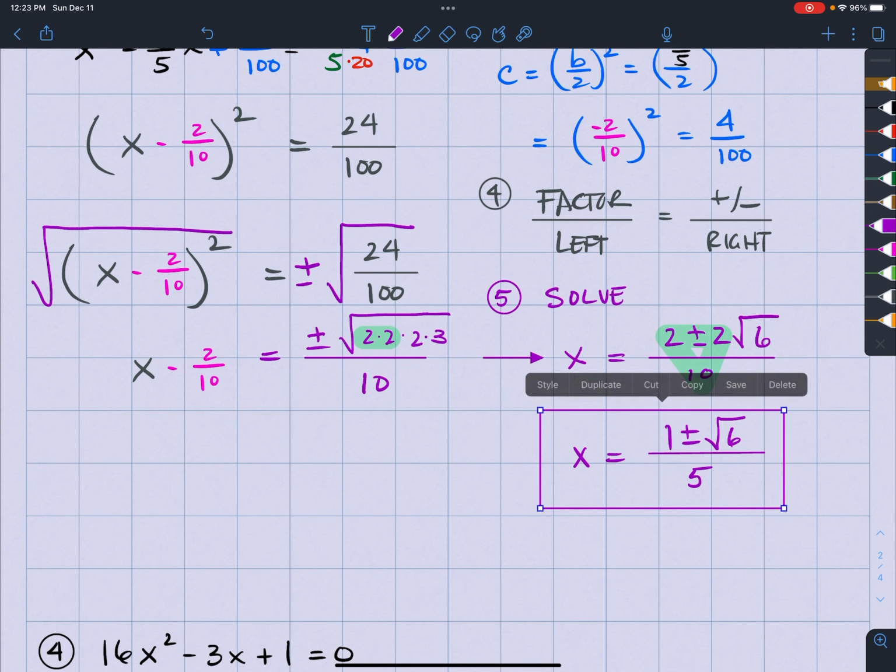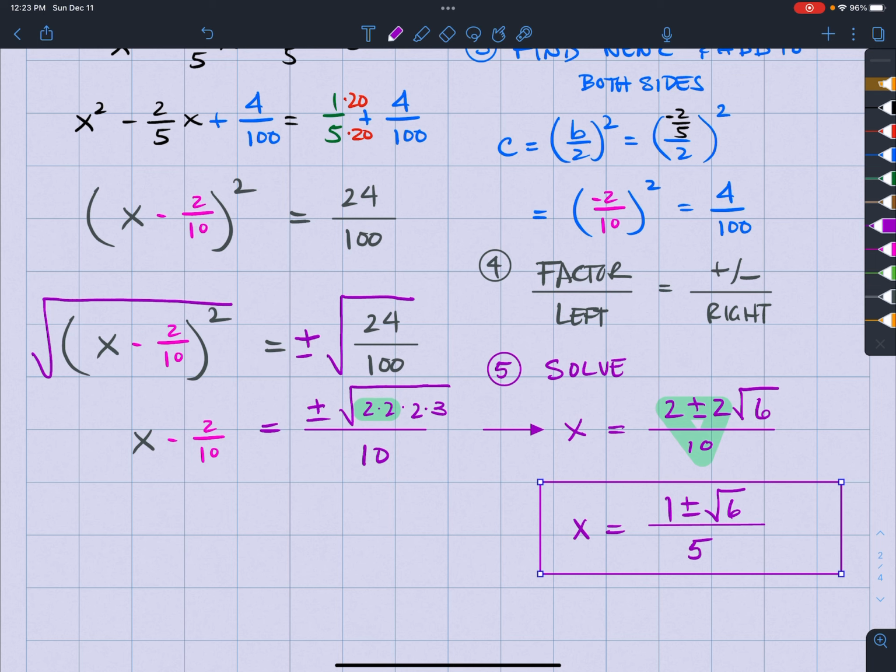And that is going to give me, looks like choice C. If I look at it carefully, yep, choice C.